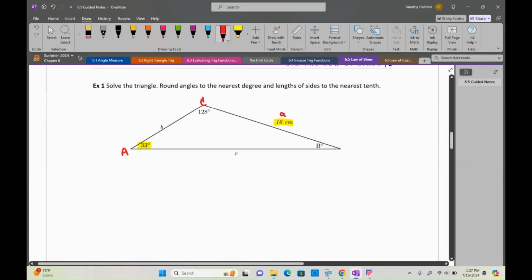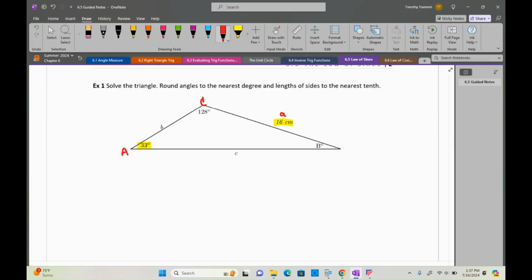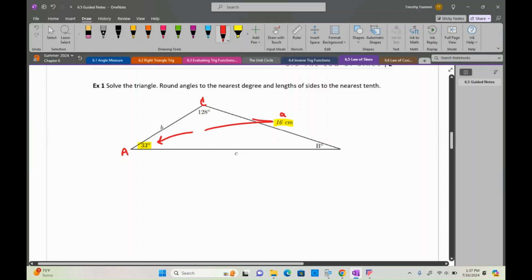This would be big C here. The point is I would like to have a side and angle that have the same letter.